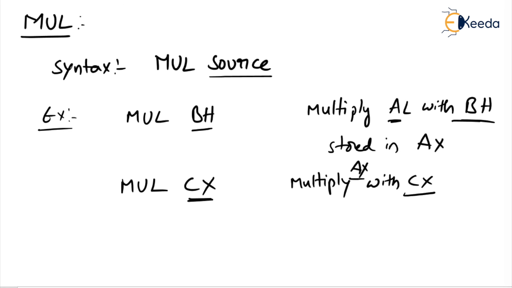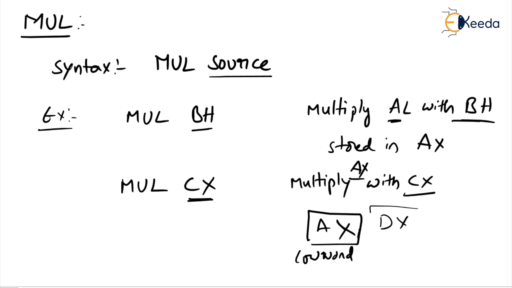The low word is stored in AX and the high word is stored in DX. Remember, this is very important when we are performing the multiply instruction.